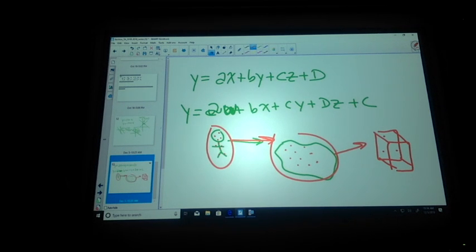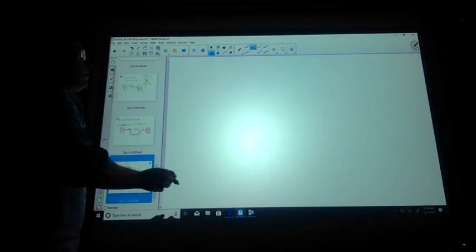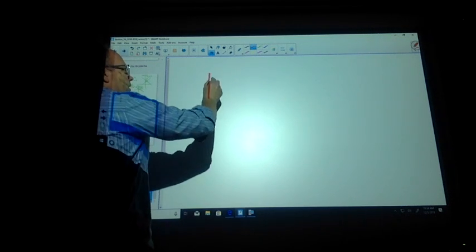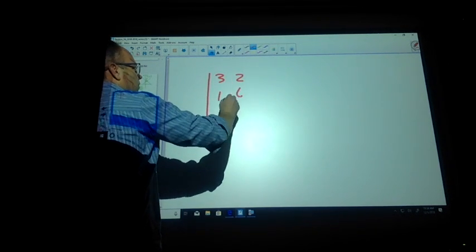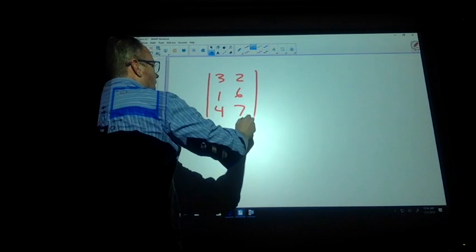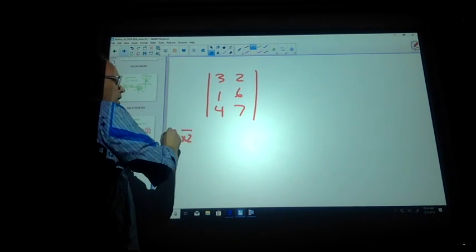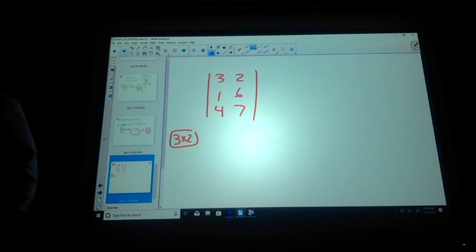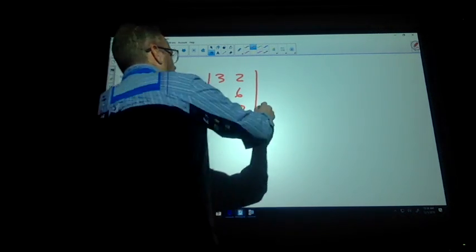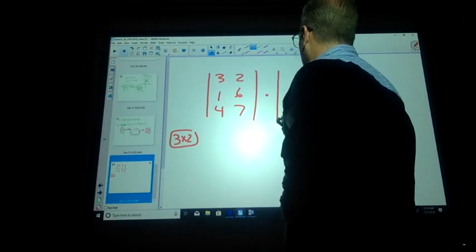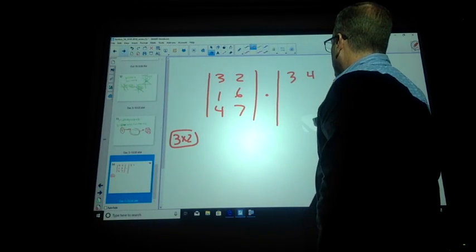Now, other things on matrices is you can do things like this. Okay? So this is a 3-row by 2-column matrix, so we name that matrix a 3 by 2. But let's say I wanted to multiply this matrix with a 3 by 3.